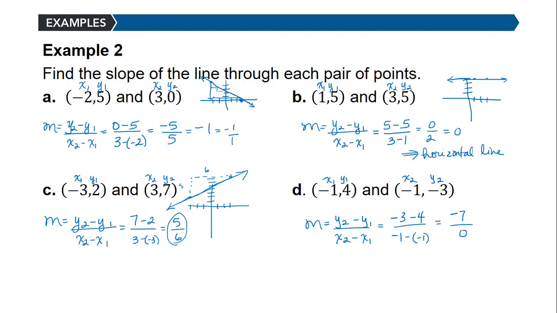The -7 divided by 0 is undefined. Remember, we cannot divide by 0.